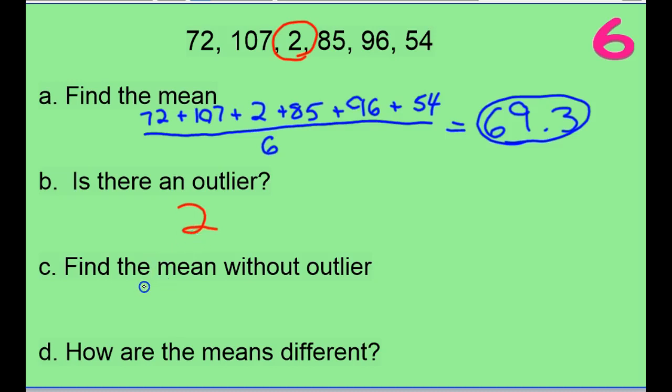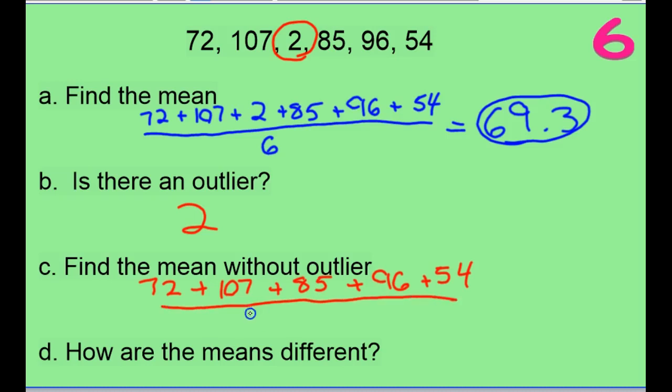So then we find the mean without the outlier. So 72 plus 107 plus 85 plus 96 and plus 54 divided by, now we don't have the outlier, so 5 instead of 6.